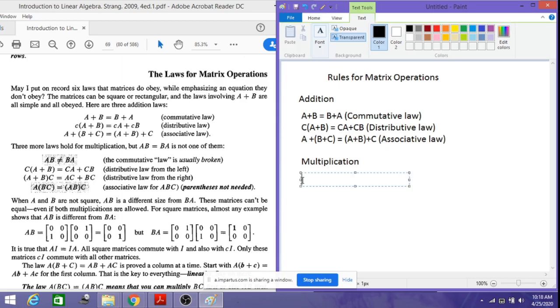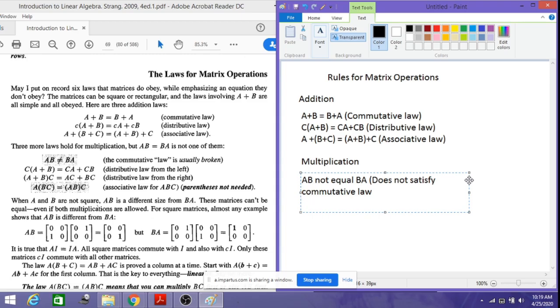Multiplication: A into B is not equal to B into A. So this means that it does not satisfy the commutative law.